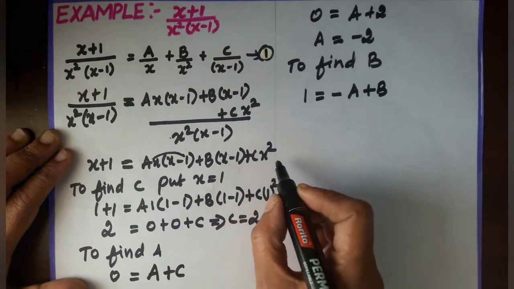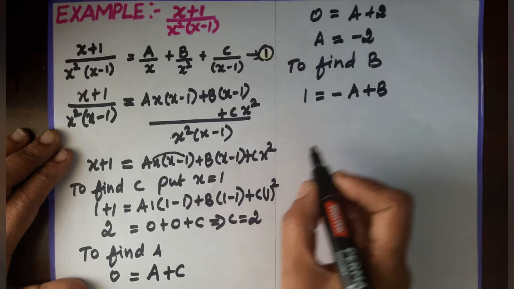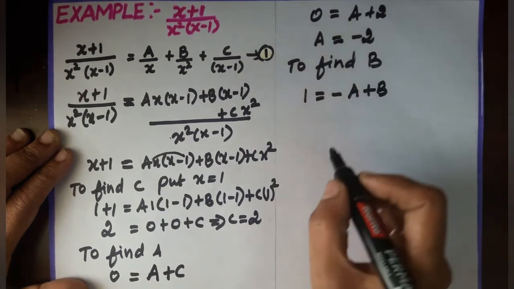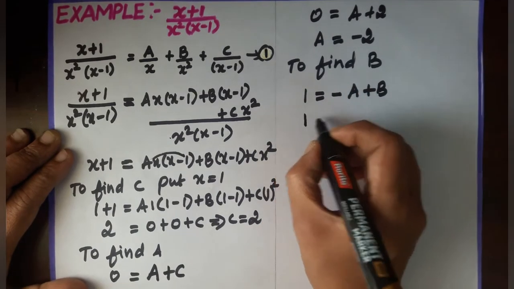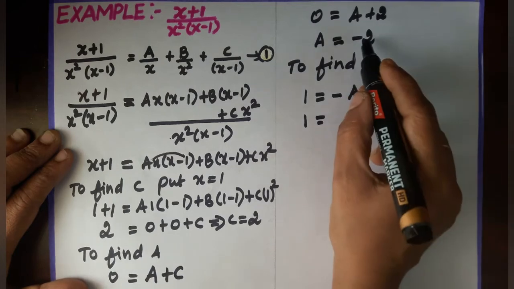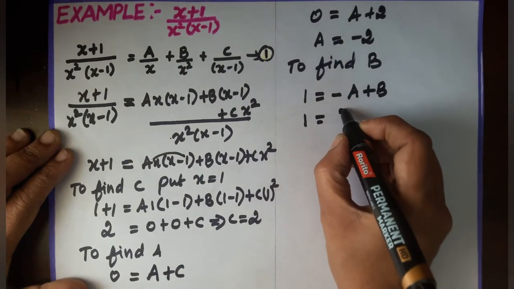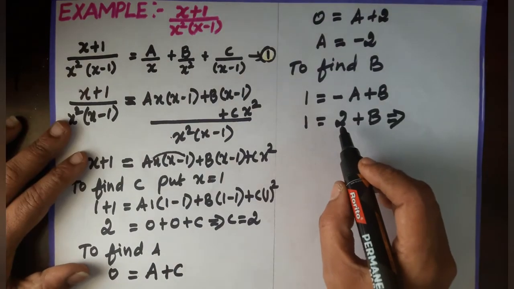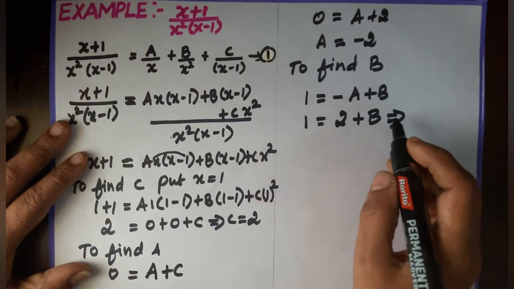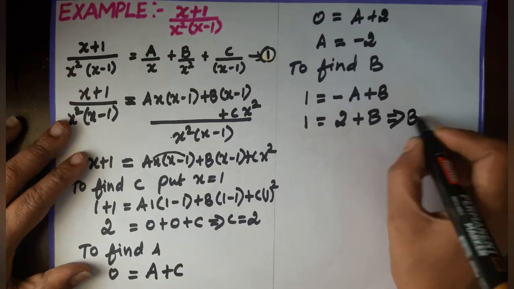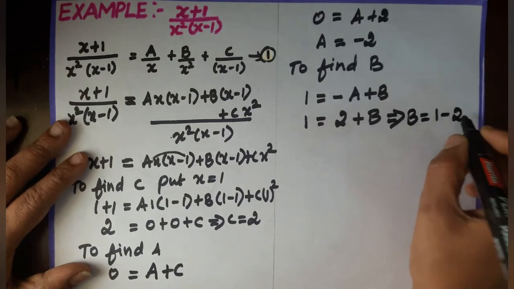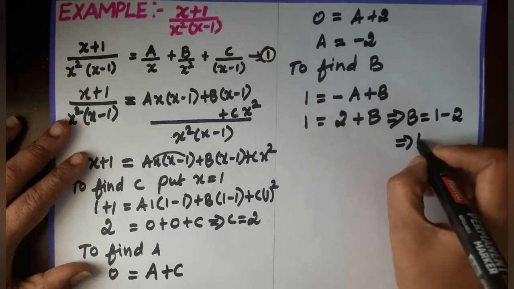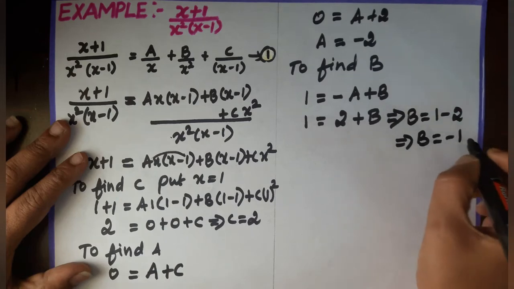Third term we are not having a coefficient of x. We know already the value of a is minus 2. Substitute the value of a, minus 2. Minus and minus will become plus. 2 plus b, which gives b equal to 1 minus 2, which implies b is equal to minus 1.